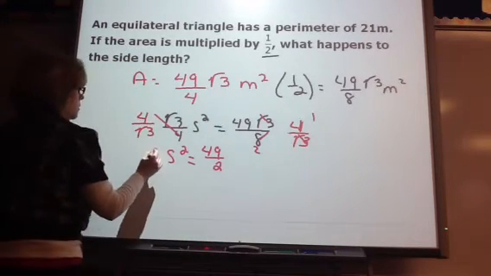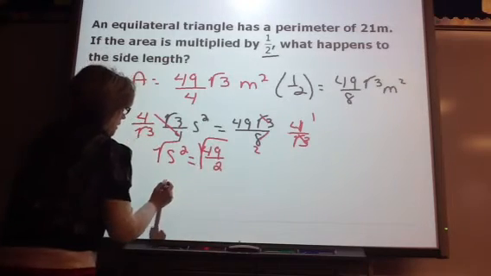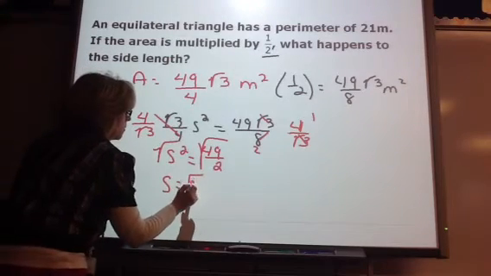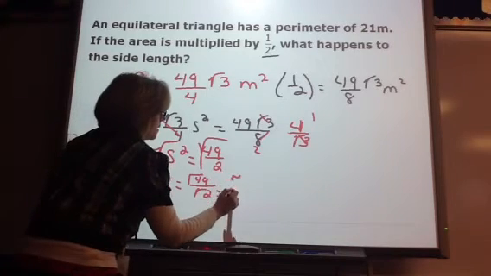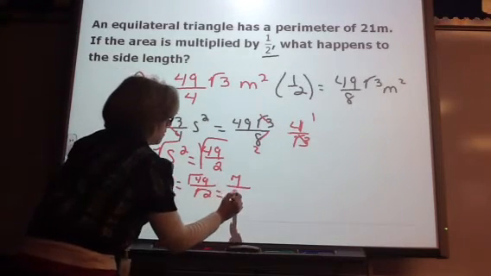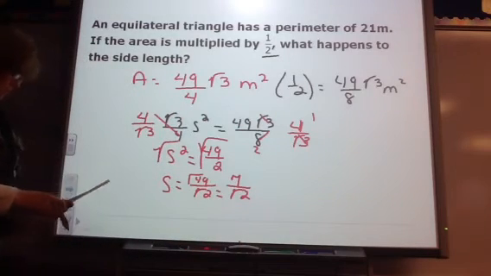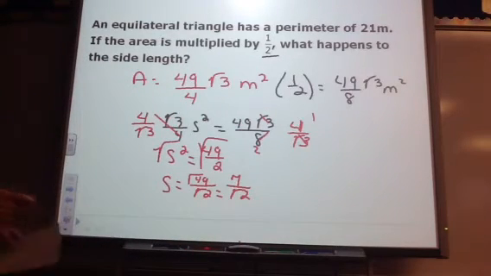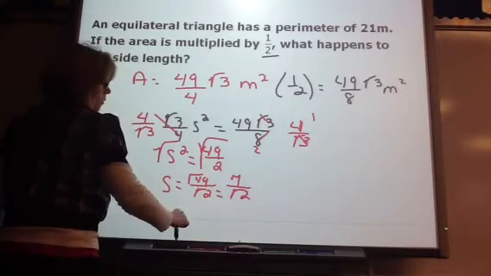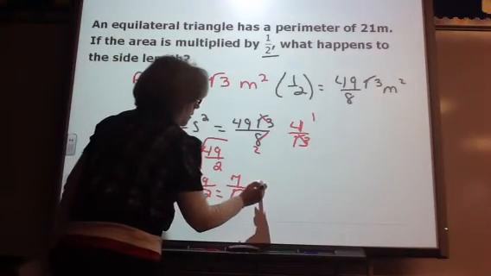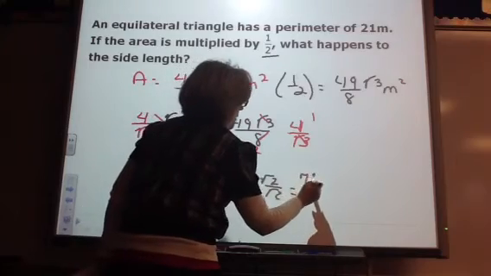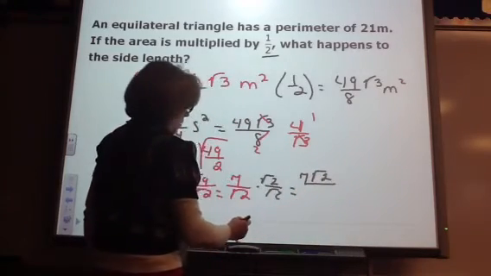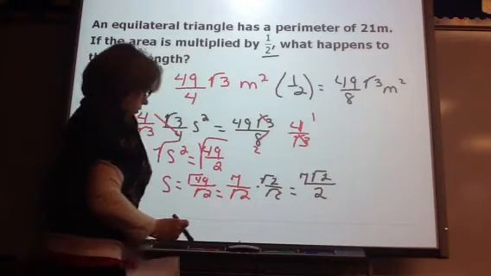And then we need to take the square root. So s equals the square root of 49 over the square root of 2, which is 7 over the square root of 2. However, we can't have a radical as our denominator, so let's fix that. So it's 7 square root of 2 over 2.